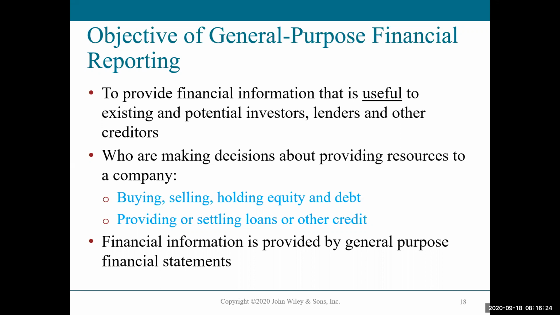Who are making these decisions about providing resources to a company? It's about buying and selling, holding equity or debt, about providing or settling loans or other credits. Depending on your user group, they can make different decisions by looking at your financial statements. So we provide them financial statements to make these general purpose decisions.